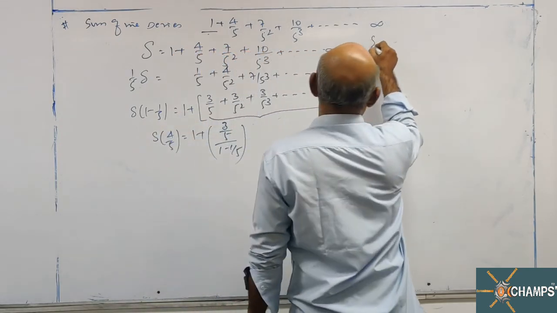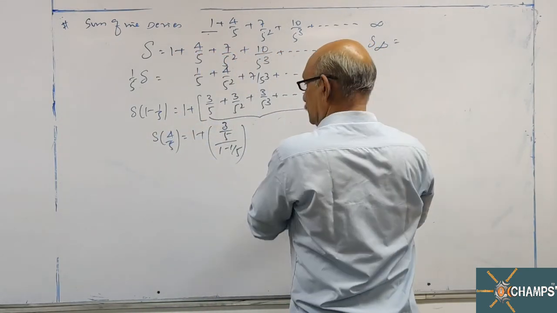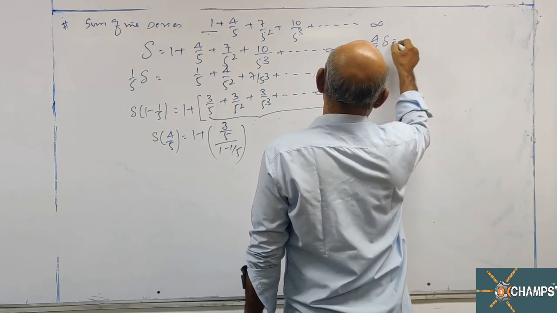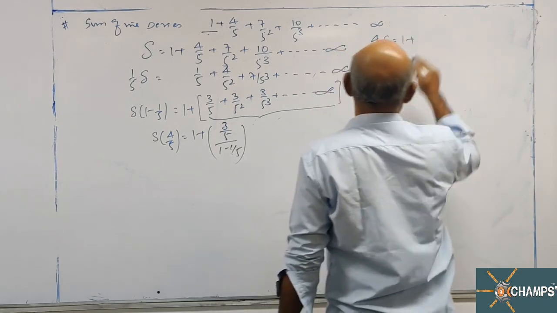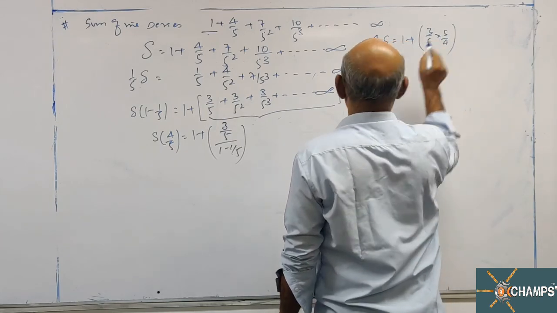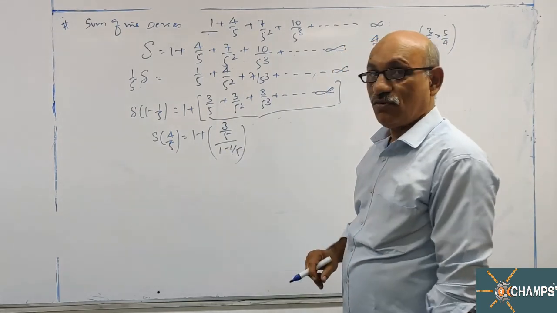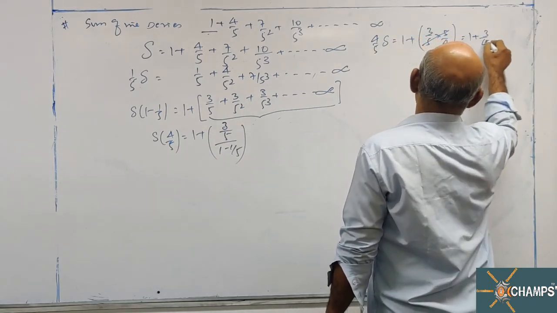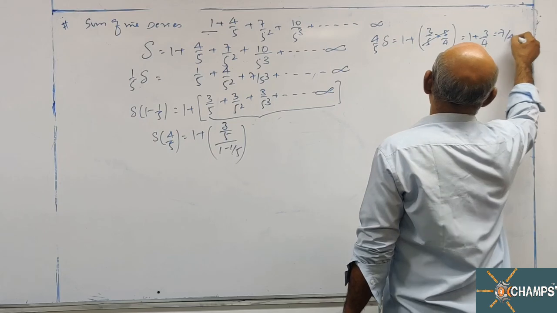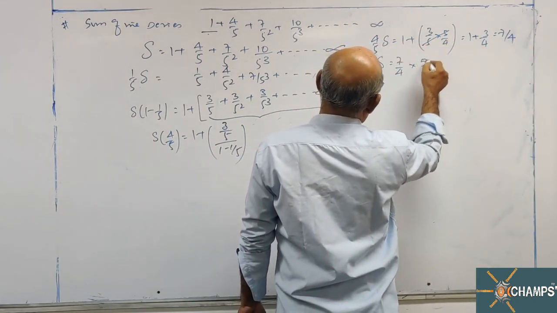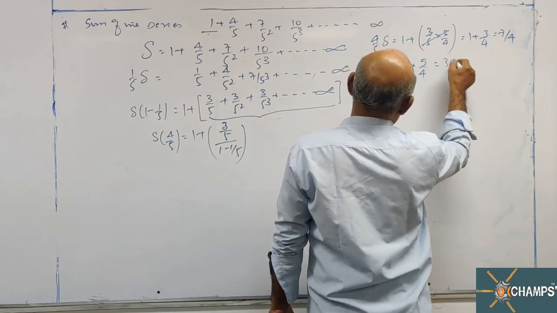So, 4 by 5 into S is equal to 1 plus 3 by 5 into 5 by 4. 5 minus 1, 4. 5 cancels. 1 plus 3 by 4, 7 by 4. S is equal to 7 by 4 into 5 by 4, that is 35 by 16.